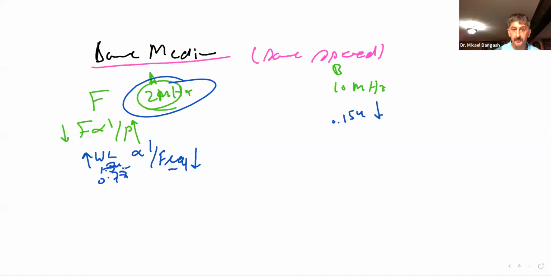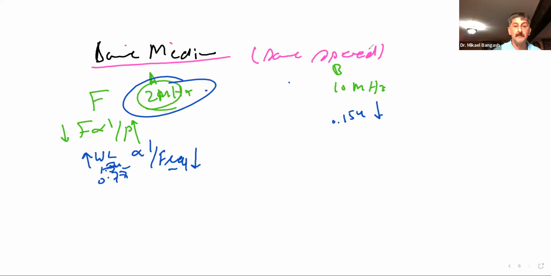Question number 102. Which of these two transducers has the lower propagation speed? That's where they tricked you, because they didn't mention anything about the speed directly. But indirectly they did, because they say it's the same medium.